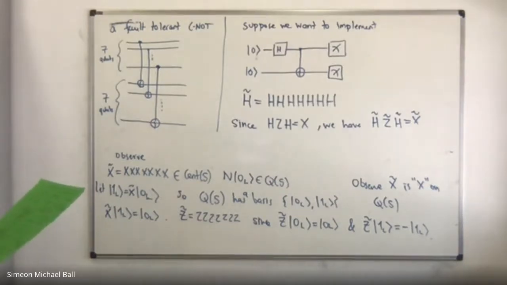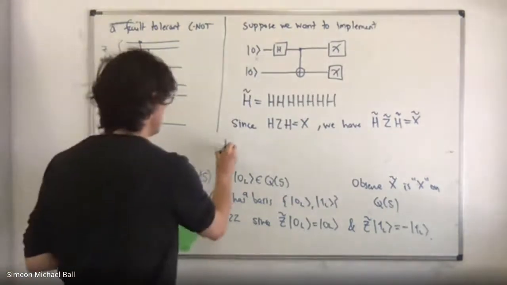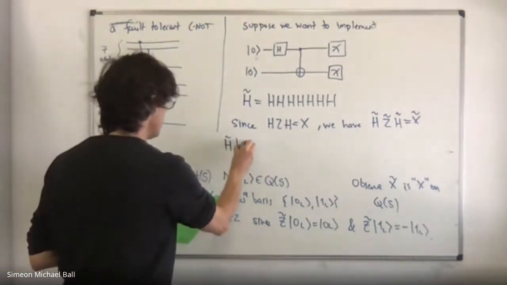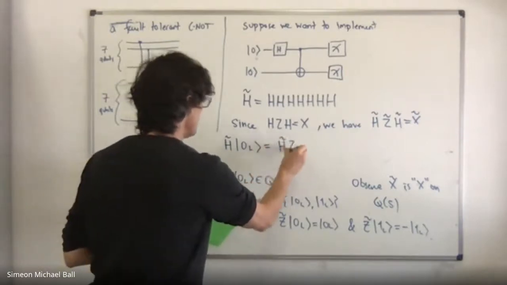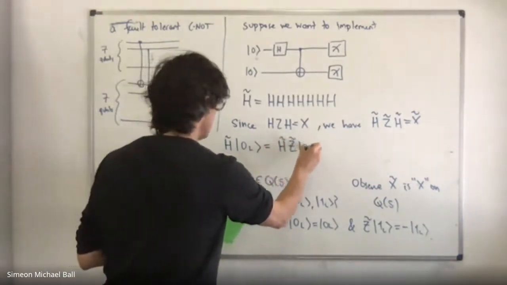Okay, so I'm trying to work out what H logical zero is. Then I say, okay, this is equal to zero logical zero.